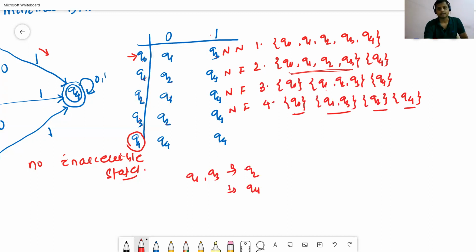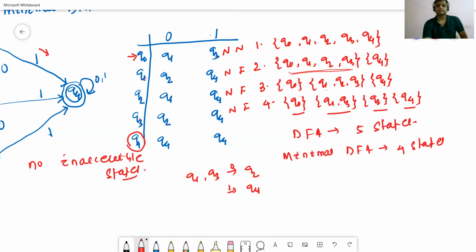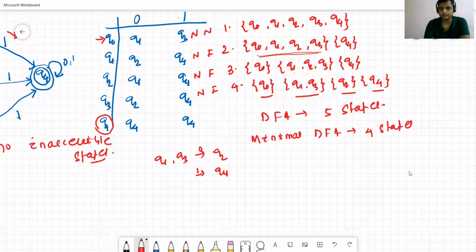The original DFA contains a total of 5 states, and after minimization the minimal DFA contains a total of 4 states. Now we'll construct the minimal DFA.